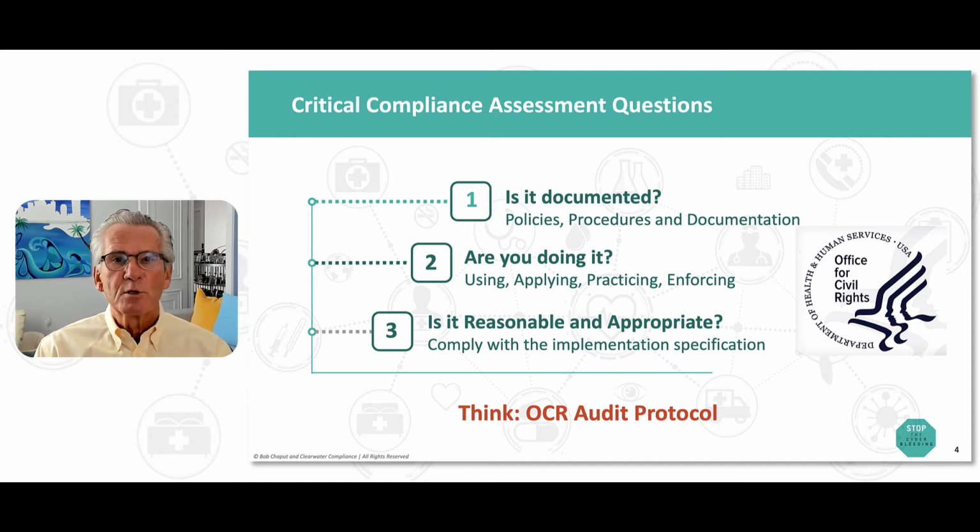Whether it's related to the sanction policy implementation spec, the risk analysis implementation spec, the implementation spec about data backup, as well as the implementation spec about contingency planning. This is the essence of the OCR protocol, and this is the essence of a compliance gap assessment.